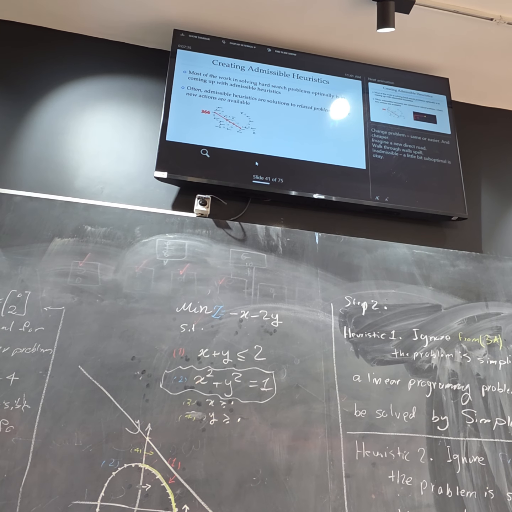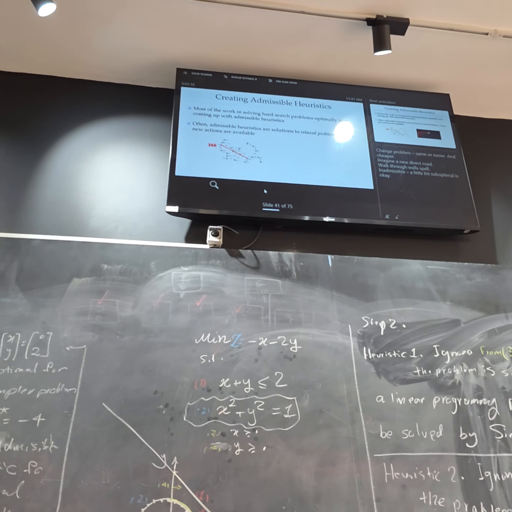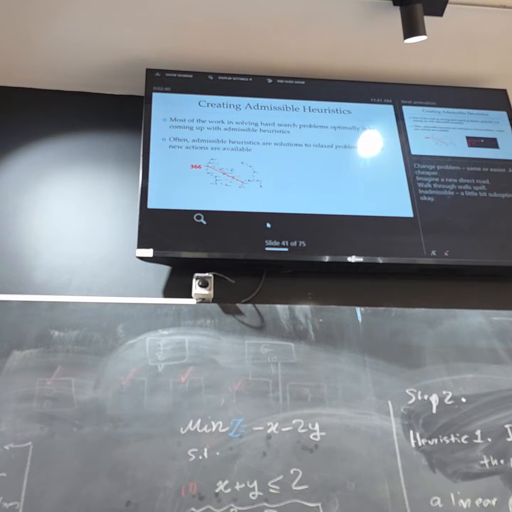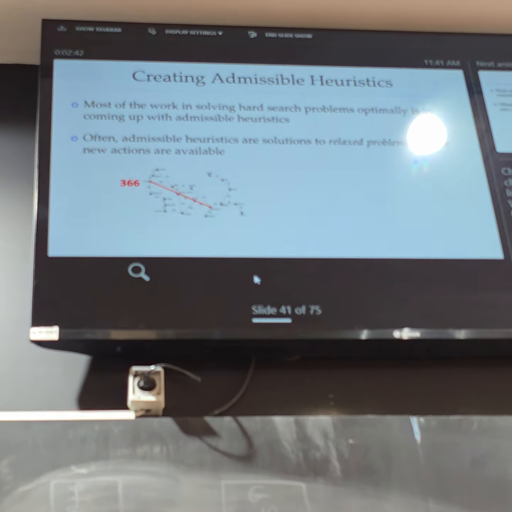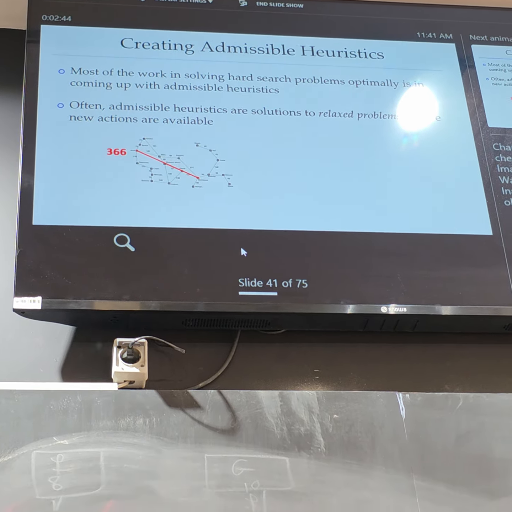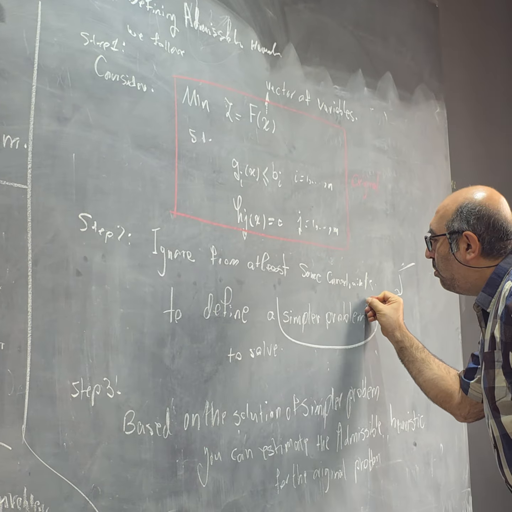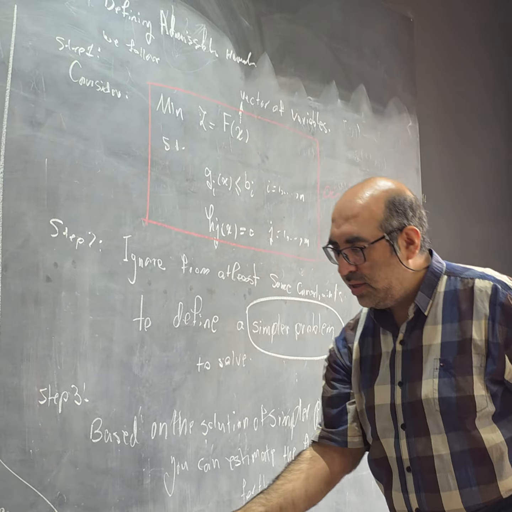Please remember this important phrase in your mind: the relaxed problem. The relaxed problem is similar to this simpler problem.